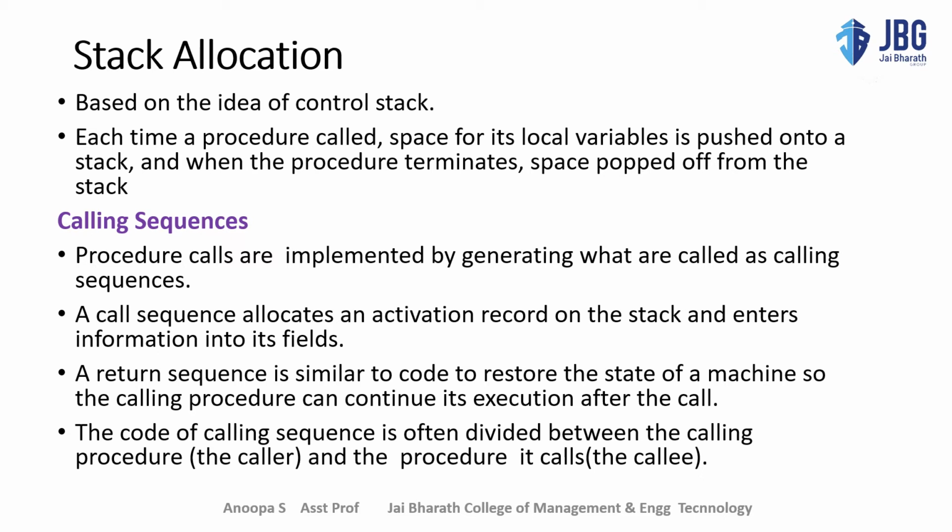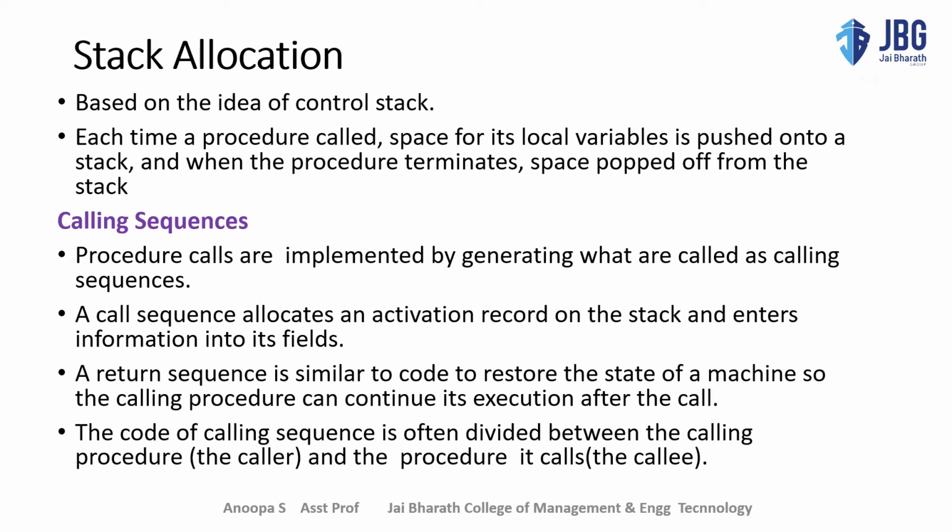Then calling sequences. Procedure calls are implemented by generating what are called calling sequences. A call sequence allocates an activation record on the stack and enters information into its fields. So when a procedure is called, it will generate a call sequence, and it is that call sequence that allocates the activation record on the stack and enters the valid information.